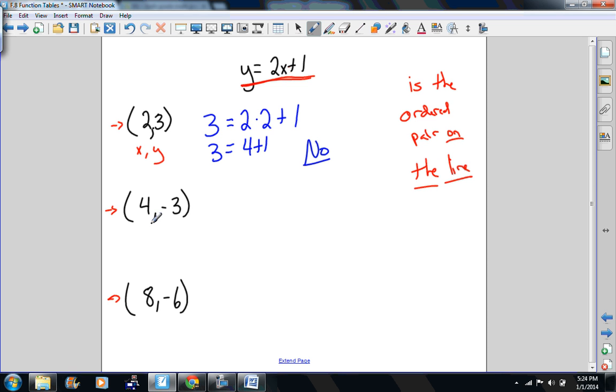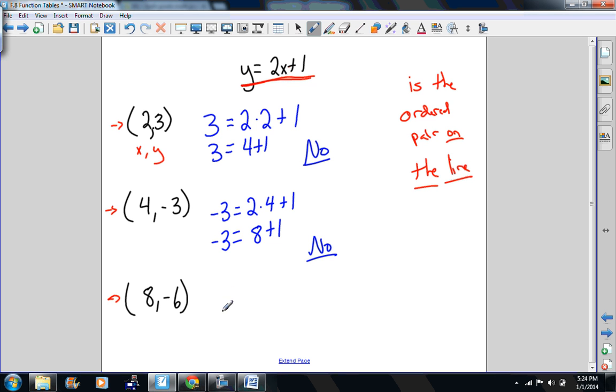So now we try the next one. Once again, x and y. So I go -3 is equal to 2 times 4 plus 1. So I plugged in my x and my y. So now I just solve. I get 8 plus 1. That does not equal -3, so this one is also a no. It is not on the line.